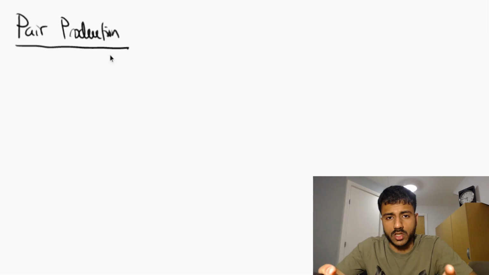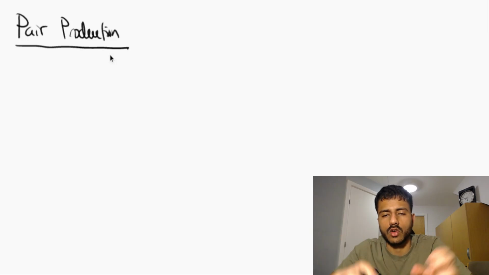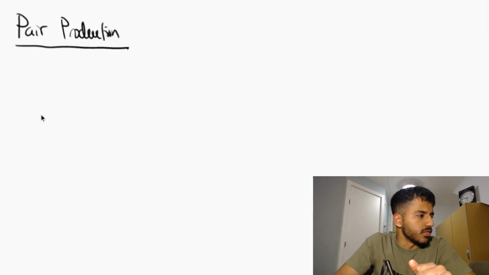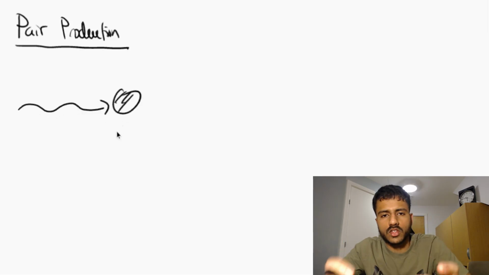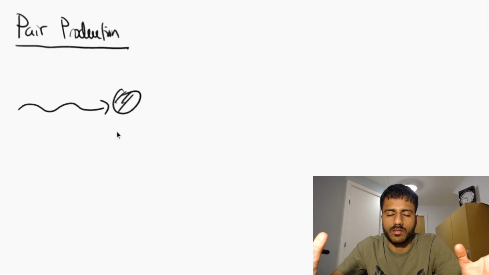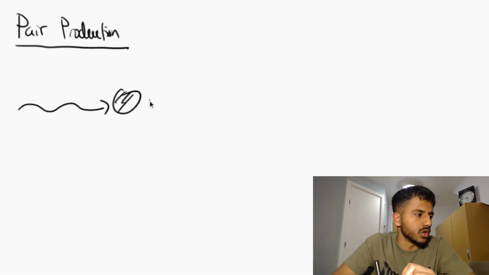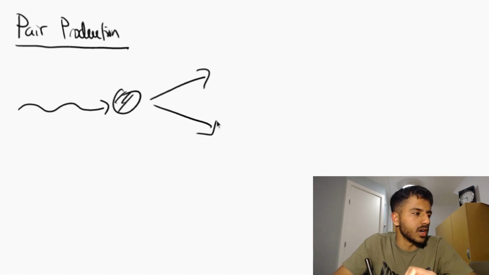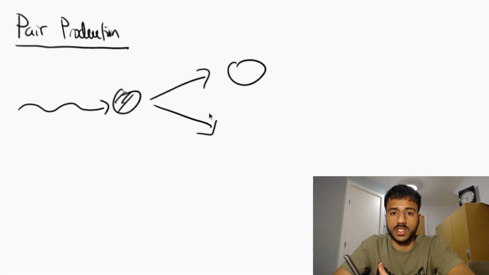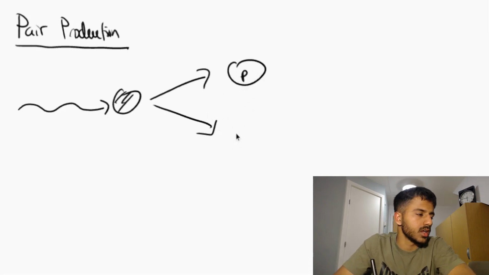Now, pair production is simply the opposite of annihilation. This time you get a photon, and this photon is carrying some energy. And what happens is this photon then gets converted into a particle, let's just say it's a proton, and an antiparticle, which is the antiproton.